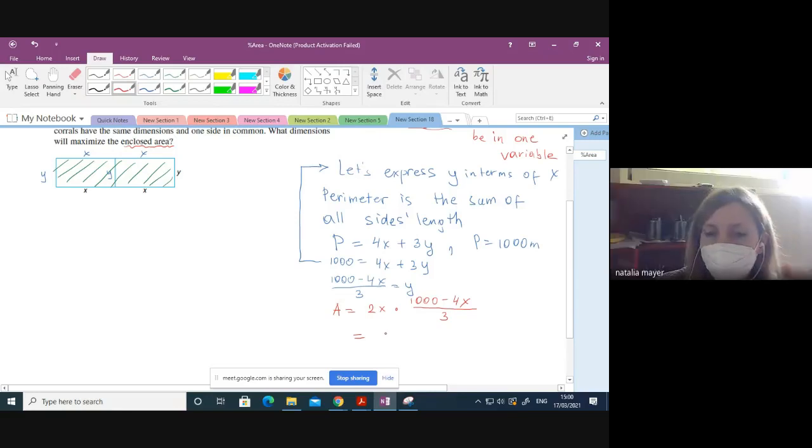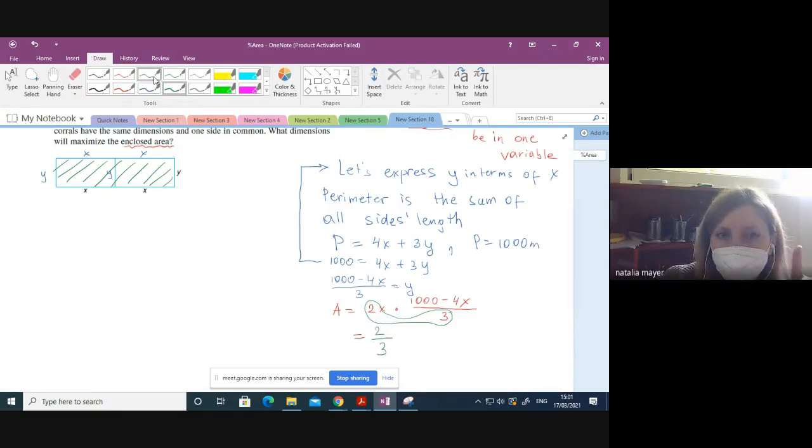Absolutely. But I also want to offer something. You know that whenever you have a constant, you can take it out of the derivative sign, right? So I can write this 2 over 3 separately. This will be my constant multiple, constant coefficient, right?